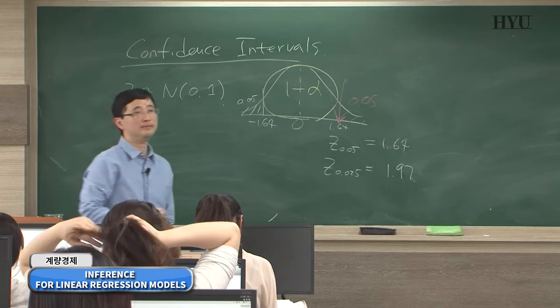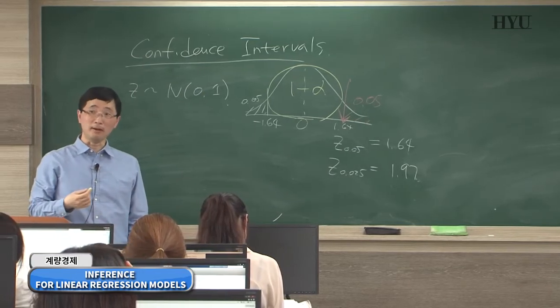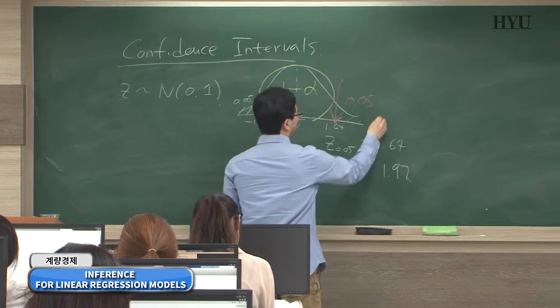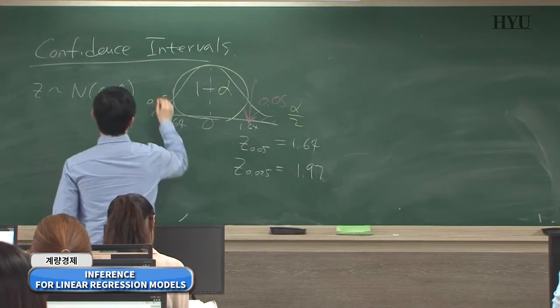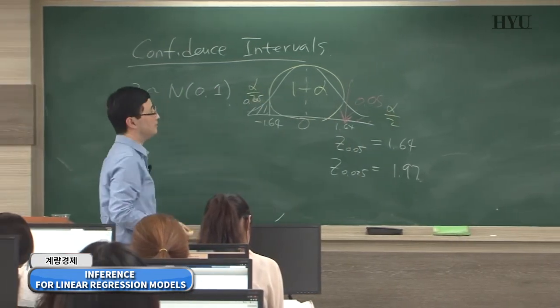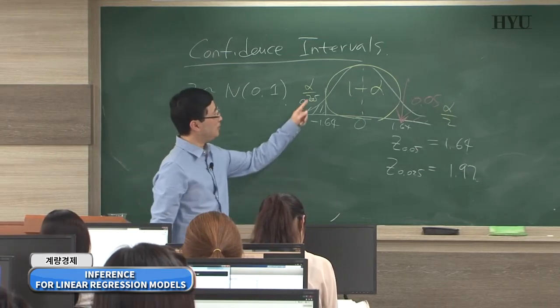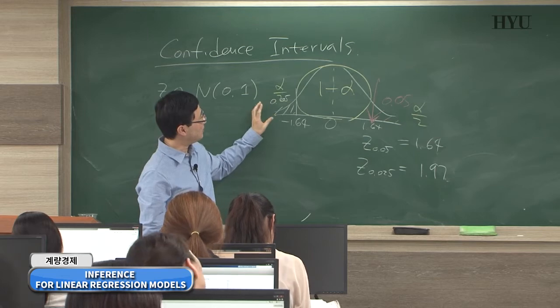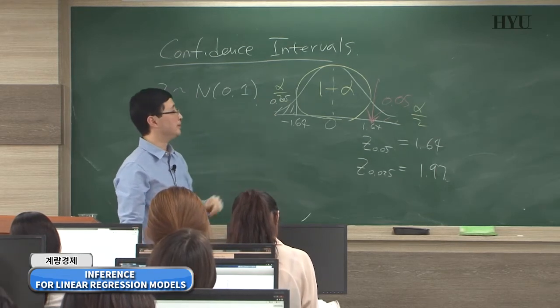What is left is alpha, and we have a left-hand side and a right-hand side, so we give half to each. In the middle, you have 1 minus alpha probability. On the left-hand side, you have half of alpha.